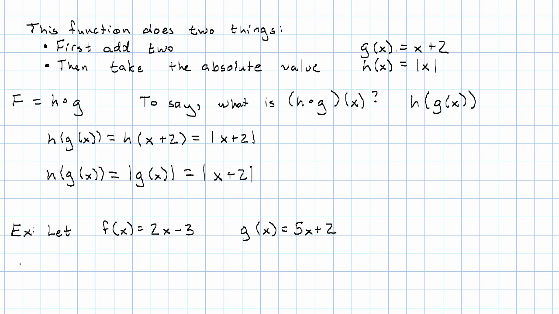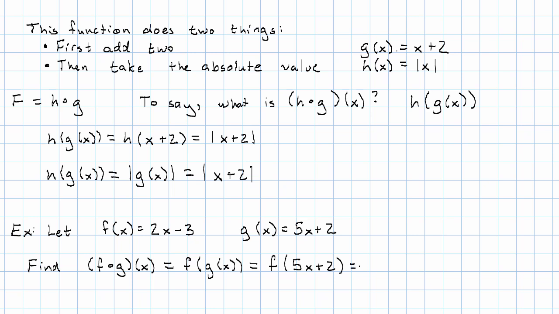Then if I want to take f composed with g of x, well, that's f of g of x. So that's f of 5x plus 2. What does f do?